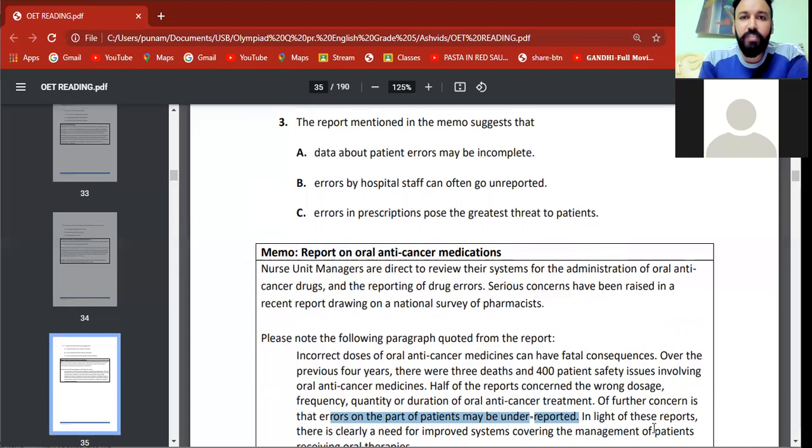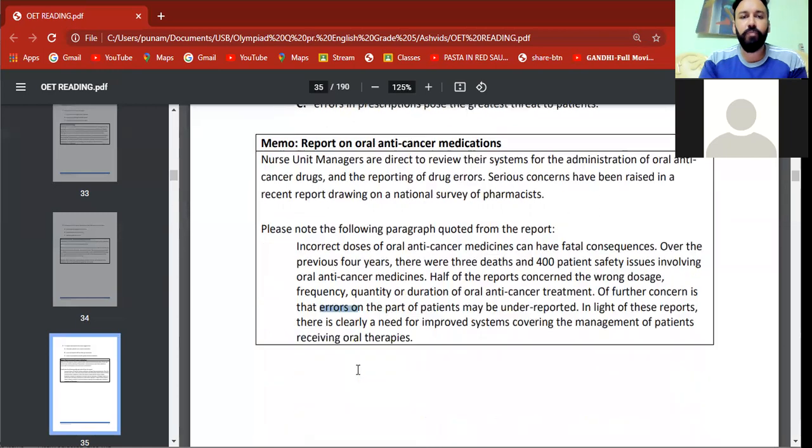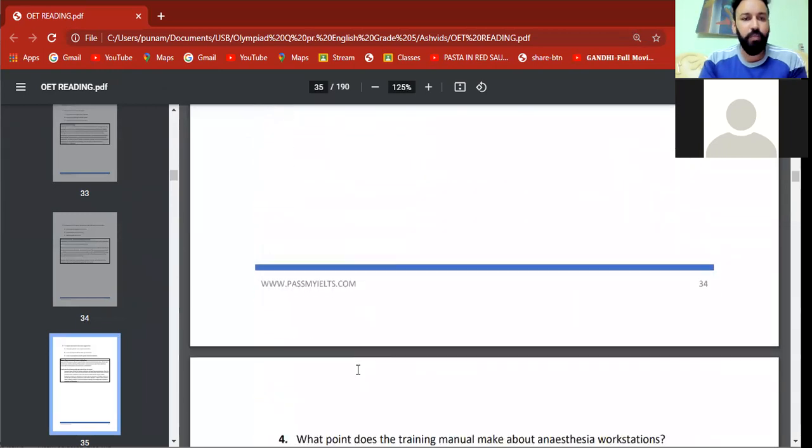A. Which is the answer? A, right? Why? Because underreported is basically partially incomplete, so it's a synonym, right? And also it is mentioned, errors. Clear? Okay. Good.